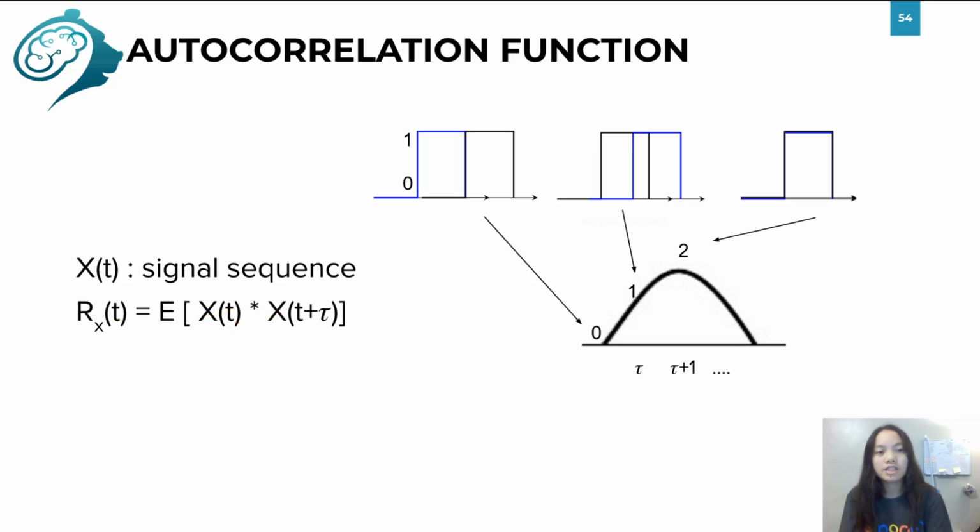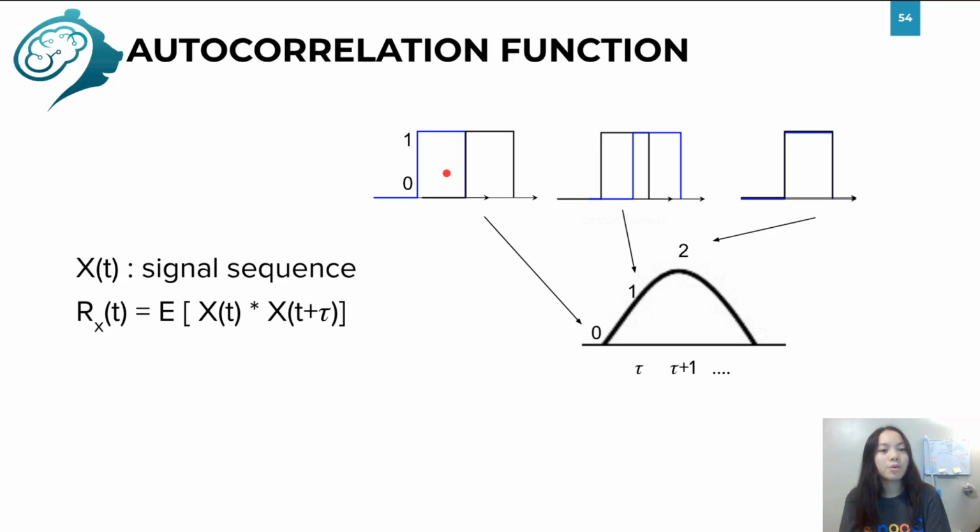So you basically multiply both signals, which are the same, but one of them is moving in the time domain, and then you need to average them. So suppose x of t is just this square signal, which shows ones and zeros.